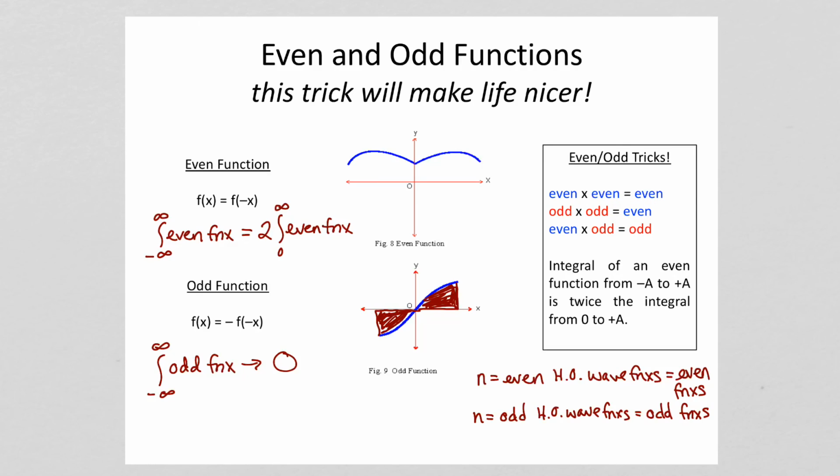So this is just like our positive and negative arithmetic: odd number times an odd number gives you an even number kind of deal. Likewise, if you have an even function times an odd function, that's going to give you overall an odd function. So just keep all of these relationships between even and odd functions in mind, and your handy tricks over here for evaluating even and odd functions, and your life will be oh so nice.